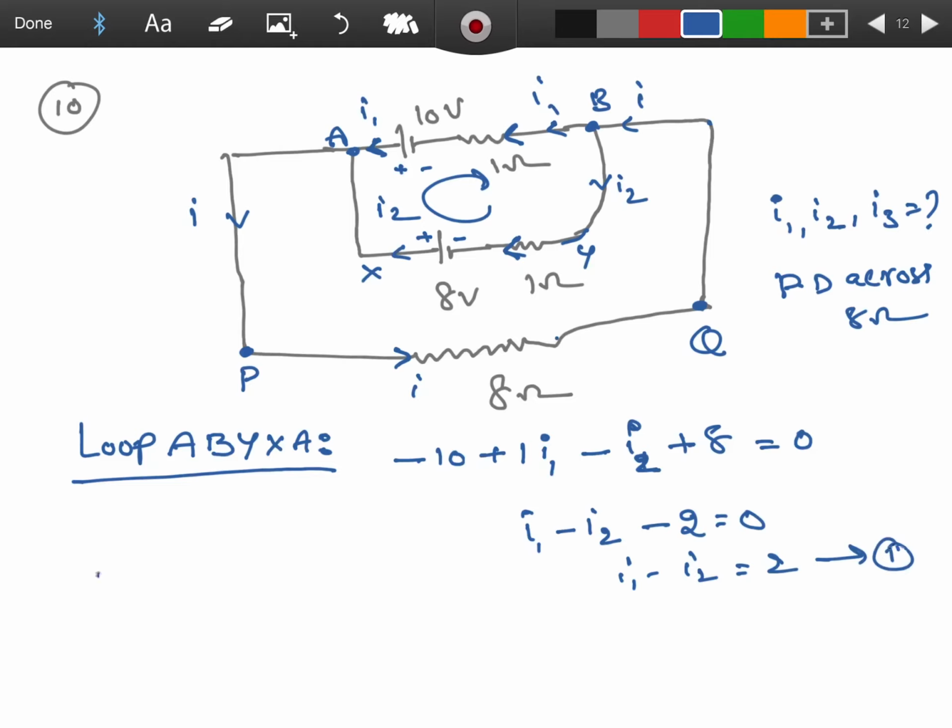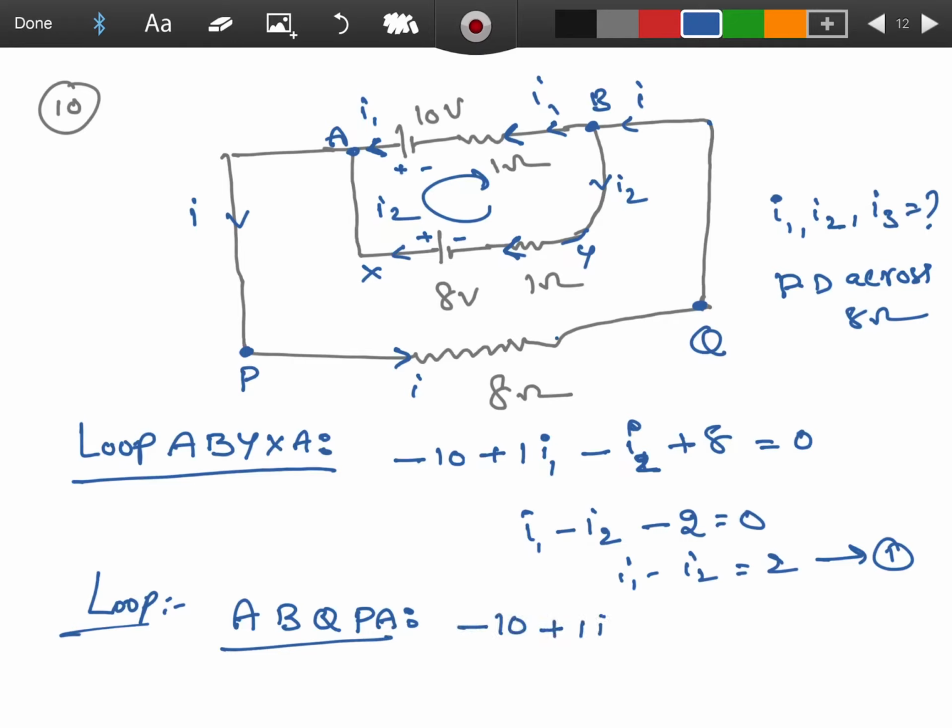I will take one more loop, which is A, B, Q, P, A. Loop A, B, Q, P, A. That means outer edge. A to B minus 10.